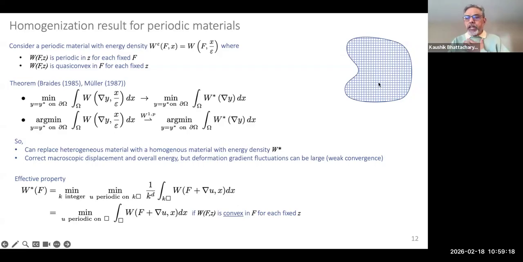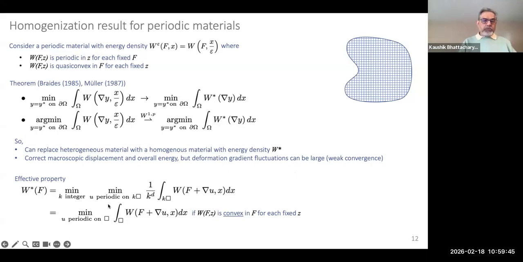So what does that mean? If I just take one unit cell, the microstructure is periodic over it. If I take 2 unit cells, the microstructure is also periodic over this. I can redefine my unit cell to be twice the original unit cell, or 4 times, or 10 times the original unit cell, and the medium will still remain periodic in that.